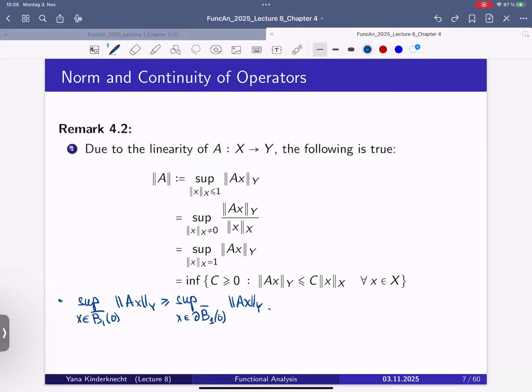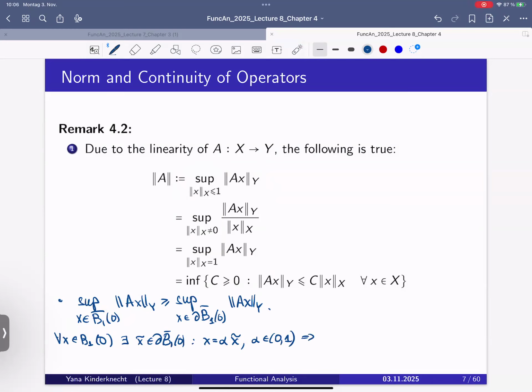On the other hand, for any x in this unit ball, not closed but open, there exists another element x tilde, which belongs to the unit sphere, such that x is equal to alpha x tilde, where my alpha belongs to the interval from 0 to 1, not 0 and not 1.